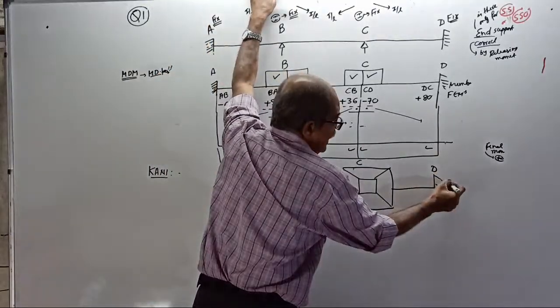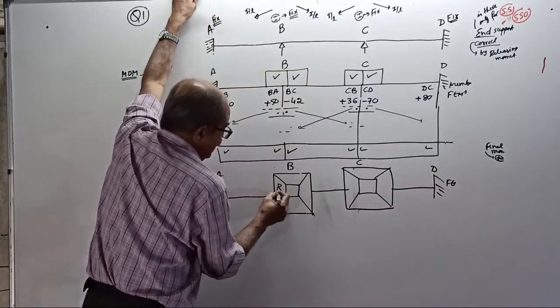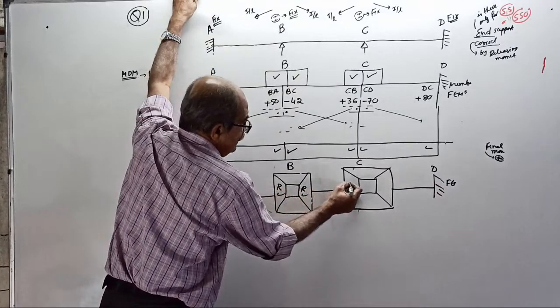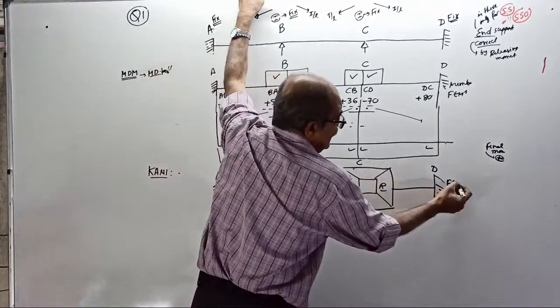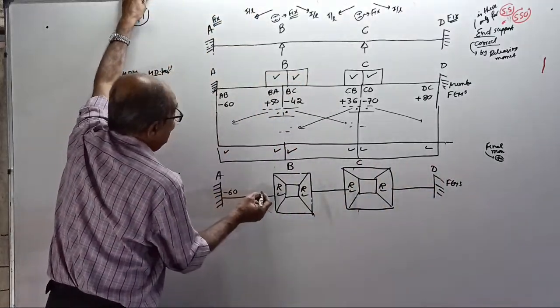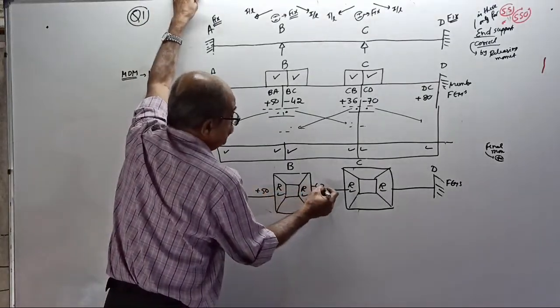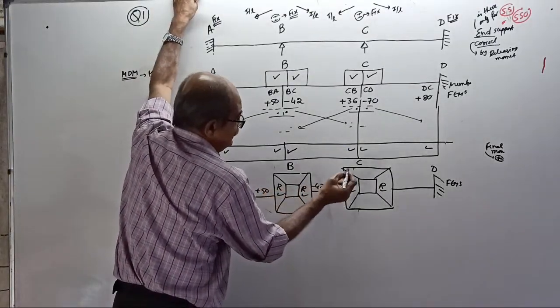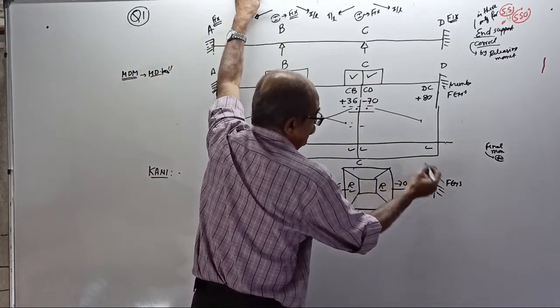On the upper side enter the respective rotation factors. Then on the upper side the FEMs. I will write FEM here: minus 60, plus 50, minus 42, plus 36, minus 70, plus 80.